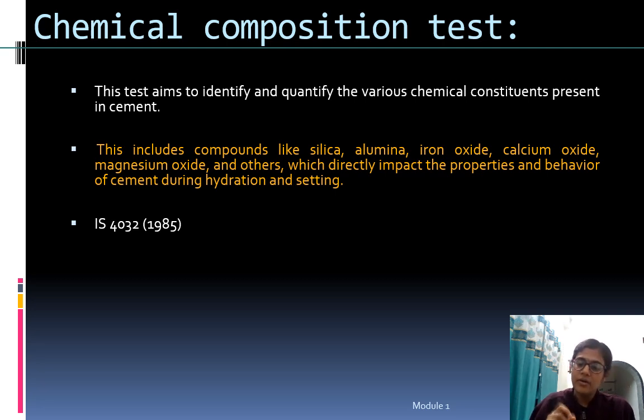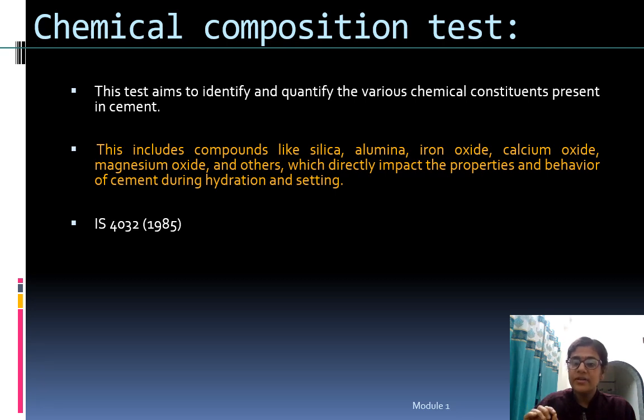So what we do is, for the resultant cement, whatever we are getting, we should send it for chemical composition test to check that the important components like silica, alumina, iron oxide, calcium oxide, magnesium oxide, and others, whichever were listed, are present in the predefined proportion percentages.